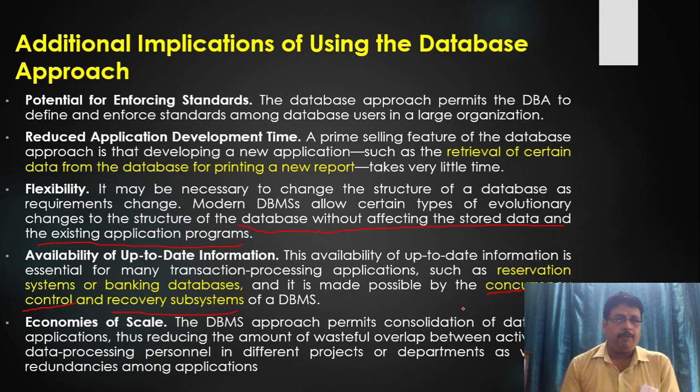In a reservation system, suppose we are reserving a ticket for Bangalore. We check seat availability. Whatever interface is provided for you, the app or the web page, whatever you enter is ultimately stored in a database. When you view the data, the app, or the web page, suppose seat number 3 is empty or available.